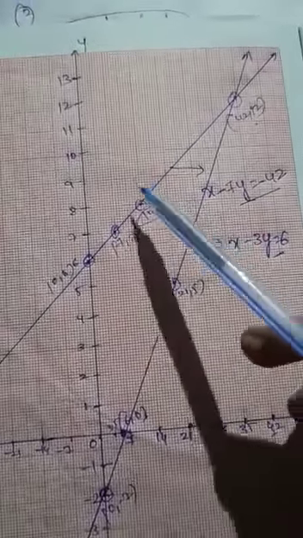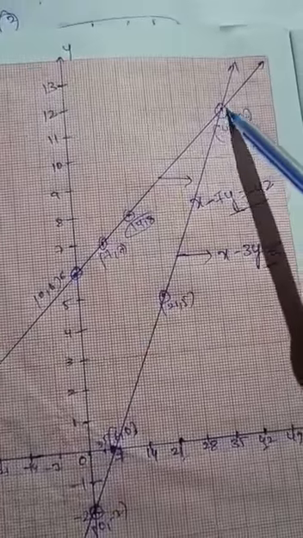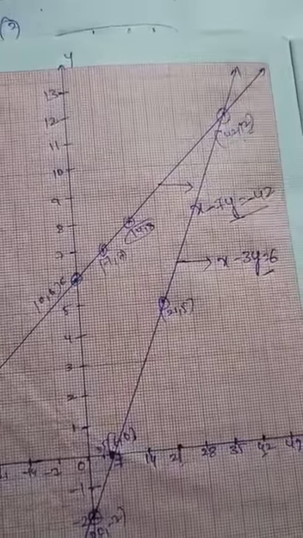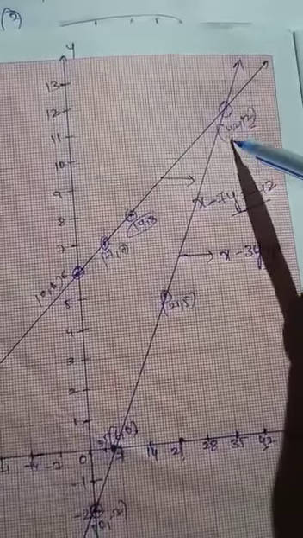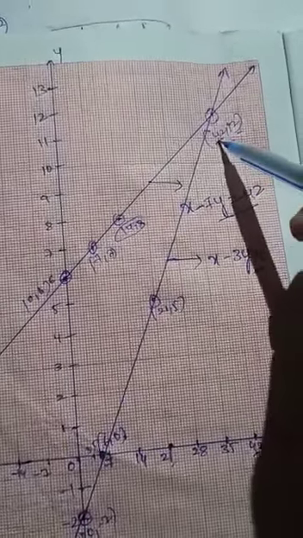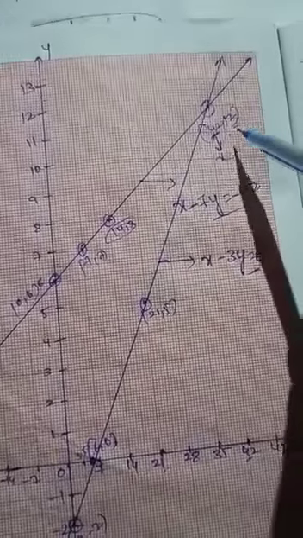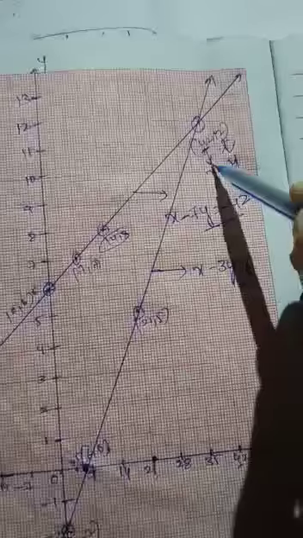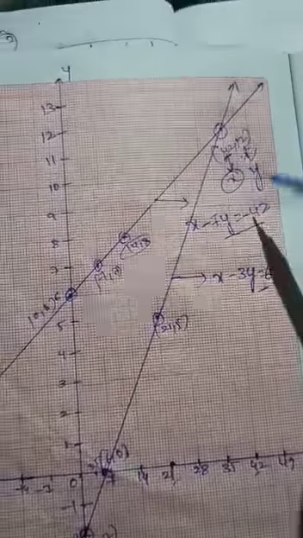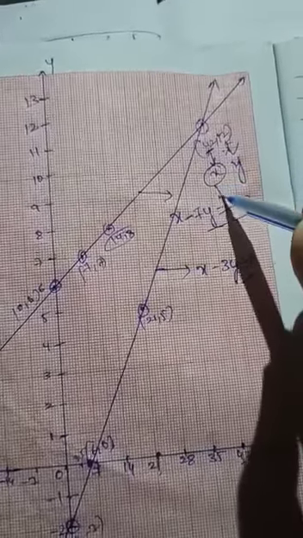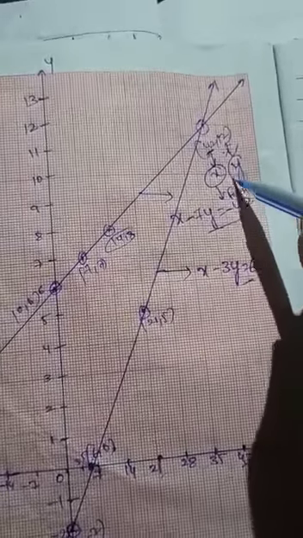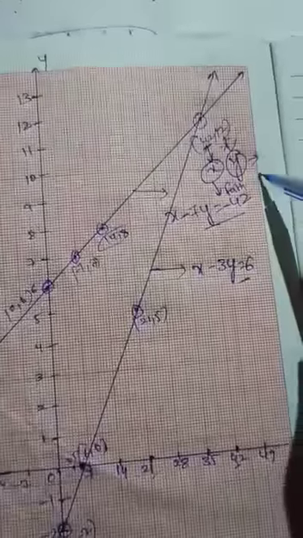So these two lines are intersecting at a single point, (42, 12). On the x-axis, x value equal to 42, y value 12. The x value is nothing but the father's age, and the y value is the daughter's present age.